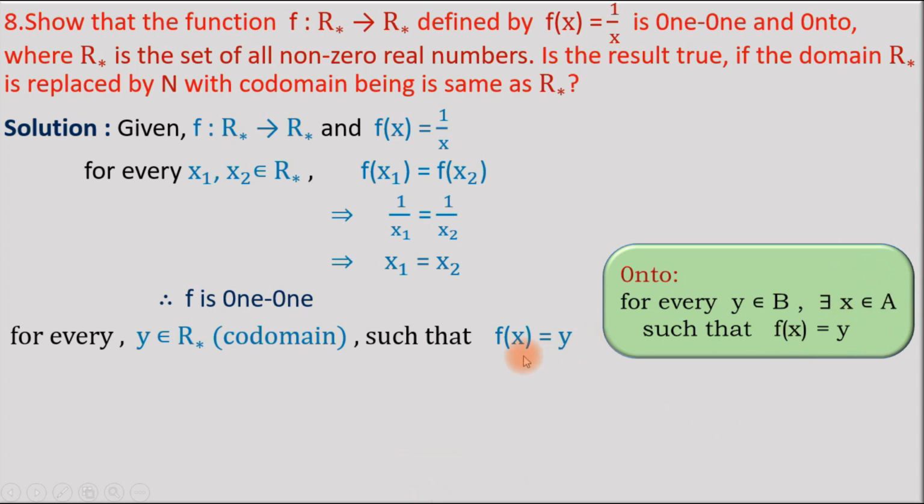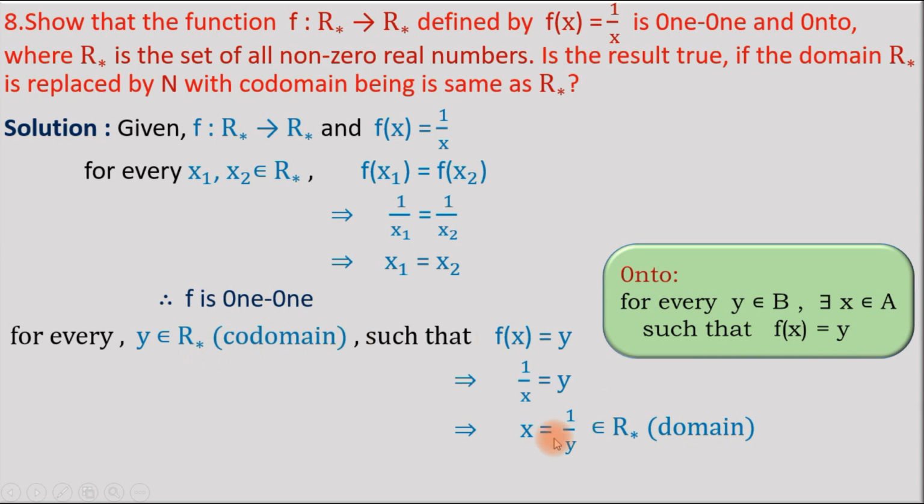For that, f of x is given as 1 by x. So this means 1 by x equals y. This implies x equals 1 by y. Since y belongs to R star, non-zero real numbers, 1 by y belongs to non-zero real numbers. So this belongs to the non-zero real number R star domain.